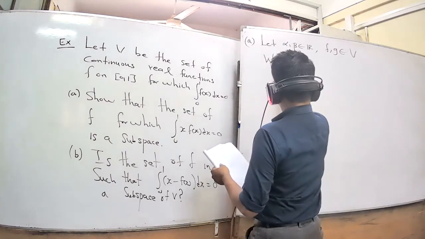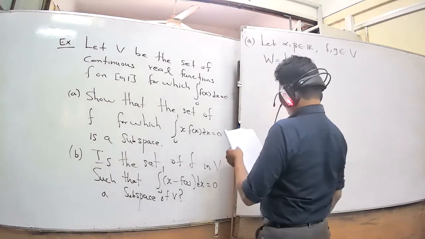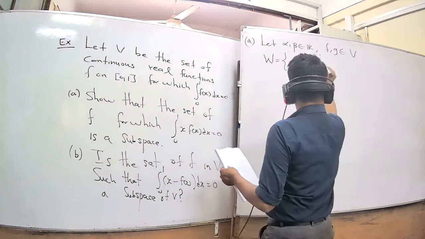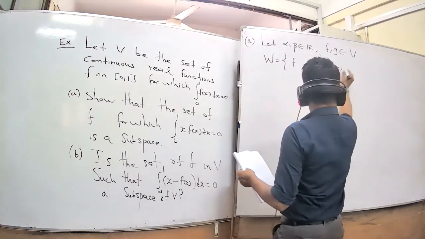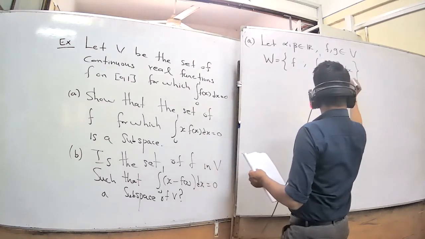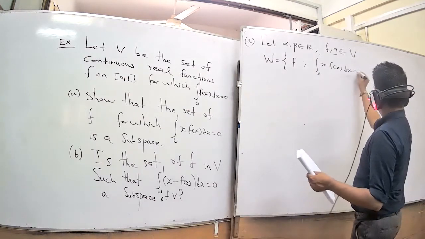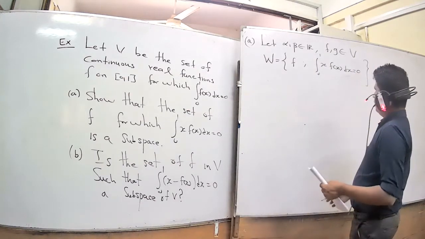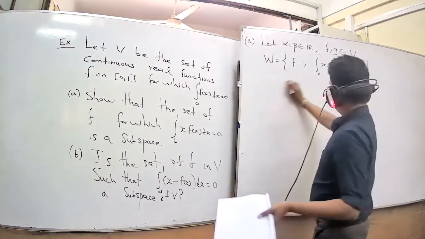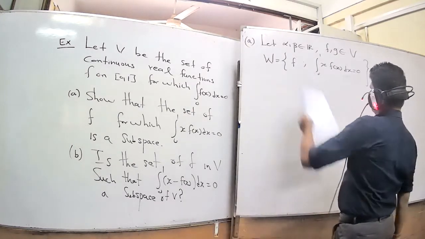They asked to prove that for a function f, the integral from 0 to 1 of x f(x) dx equals 0. For any function where this condition is satisfied, it belongs to W.